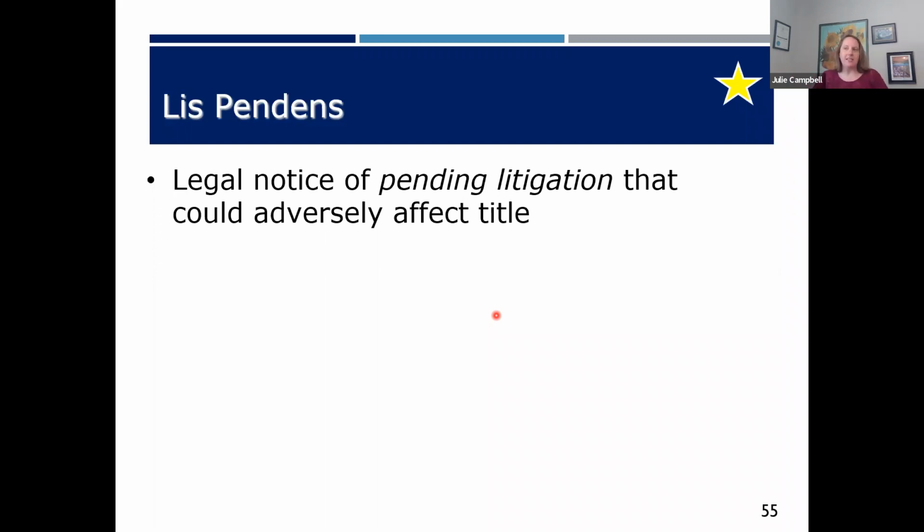The court is in process of going through this legal battle, litigation pending. And depending on the end of the legal battle, maybe the homeowner gets to keep the property, maybe they don't. It's a warning. Don't you buy this house until we know the outcome of this legal battle. A lis pendens is a stop, a legal stop, letting you know that there's a pending lawsuit, a pending litigation.